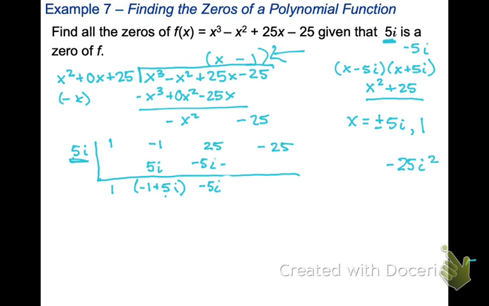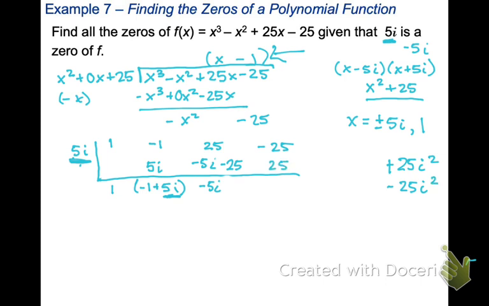Oh, I'm multiplying by the wrong one, that's what I did. So I come out with negative 25. Then I just get 5i, negative 5i. And now I get my negative 25i squared, which is just what?